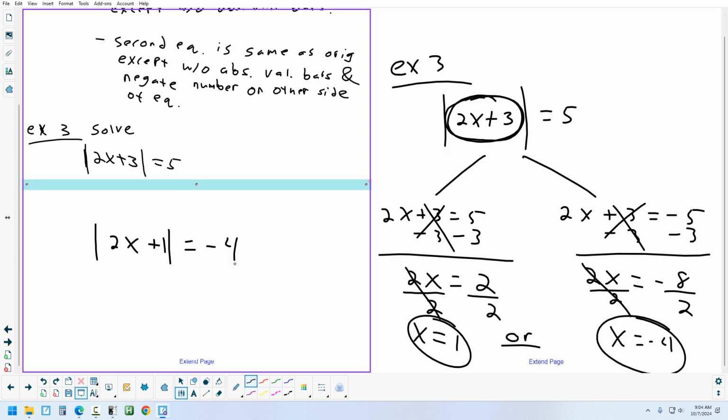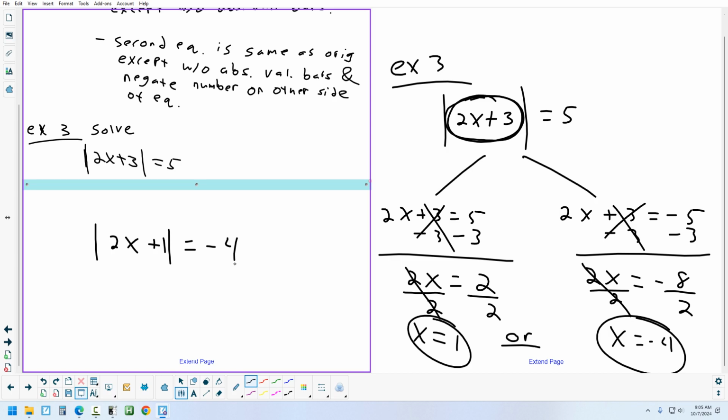Anybody notice anything about that one? Yeah, the number on the right side is a negative. So what do you think would happen here when we try to solve that?